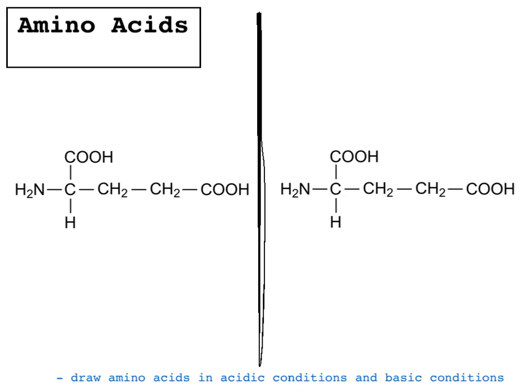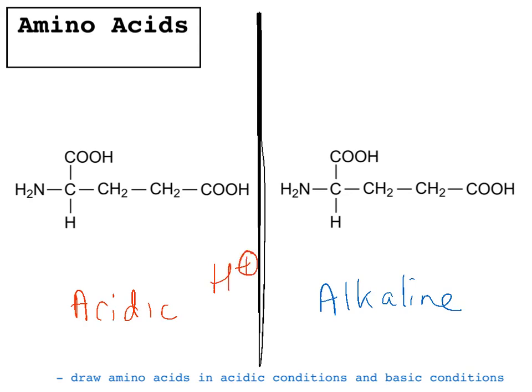However, in certain conditions you can force the Zwitter ion to exist in one of the different charged states. So on this side I'm going to draw the Zwitter ion in acidic conditions, and on the other side I'm going to draw it in alkaline conditions or basic conditions. In acidic conditions, there's lots of H+ floating around, and so H+ attaches to the amine group, which can accept protons.